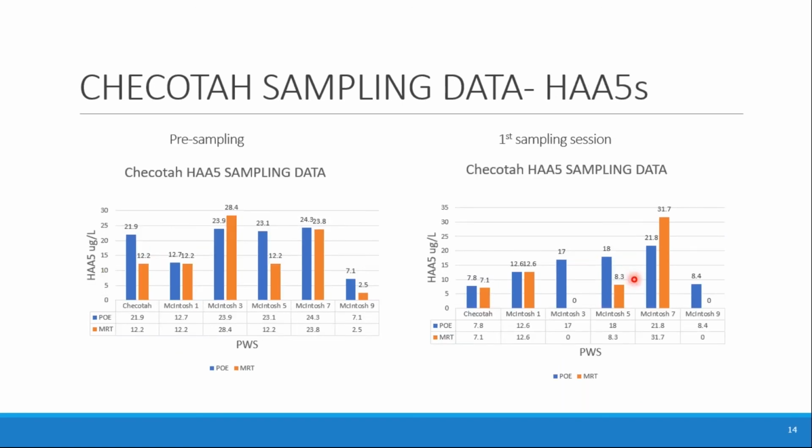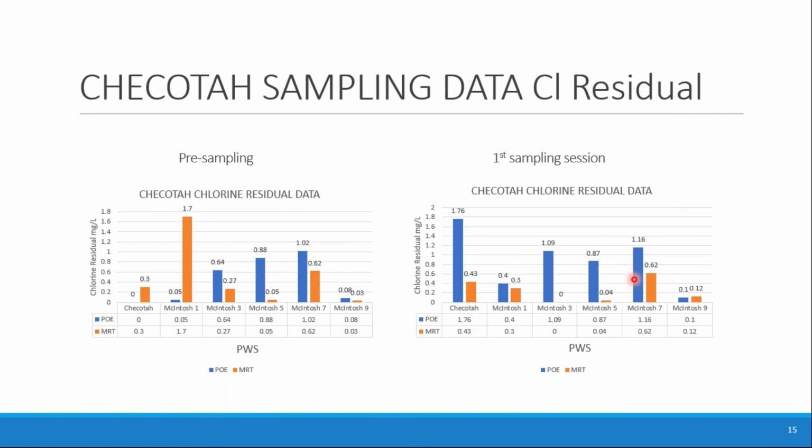This is the HAA5, the five haloacetic acids. I'm not going to discuss much. There isn't much of a problem here in this water system. The MCL is 60, and they're very much below 30, 35 all the time, so they don't have that much of an issue with HAA5s. We did take some chlorine residual samples, but again, there's not much variation.